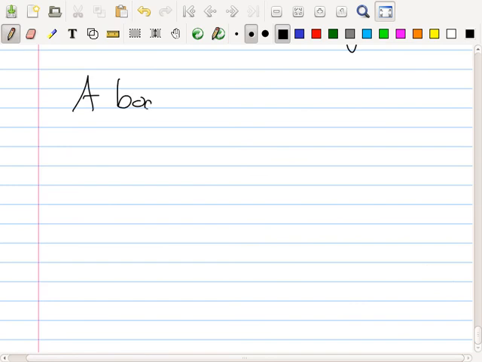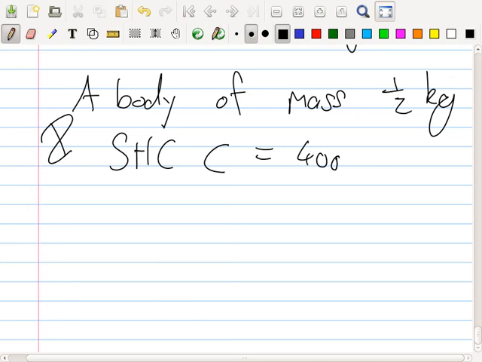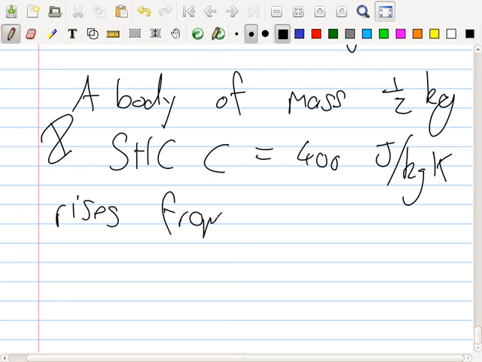A body of mass half a kg and specific heat capacity C equal to 400 joules per kilogram Kelvin rises from 15 Celsius to 20 Celsius.